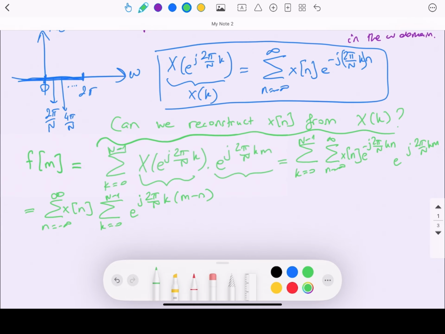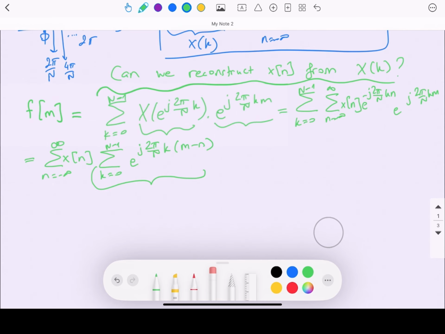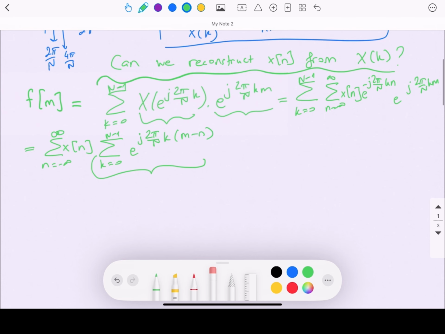So let's evaluate this summation. This is equal to 1 minus e to the j 2 pi over N m minus n times N, over 1 minus e to the j 2 pi over N k m minus n.